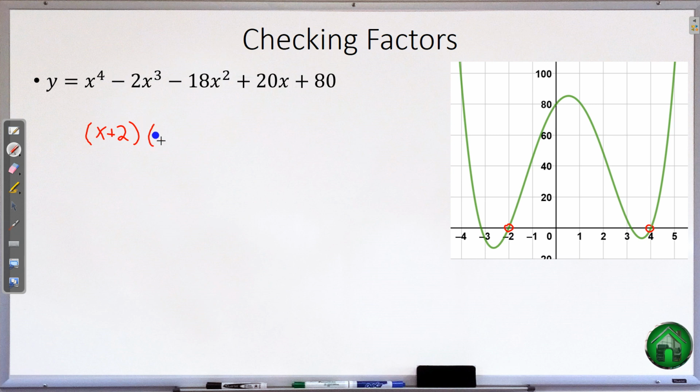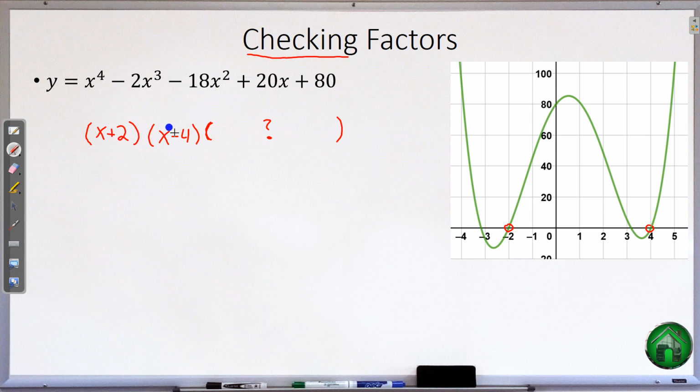And I think x minus 4 is also a factor, because positive 4 is an x-intercept. And yes, there is going to be some stuff left over that I don't know, but I think these two work. And so I have to test it. I'm going to check it.